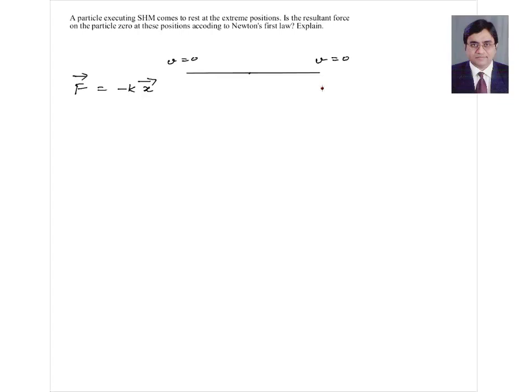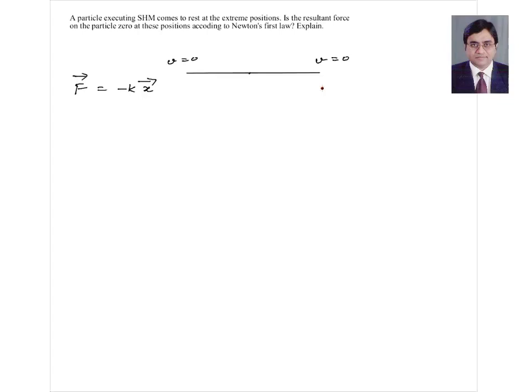So does speed zero mean force is zero? No. If some object is kept at the ground, stationary in the beginning, and then it moves, some force has to act, isn't it? So where is the Newton's first law here?